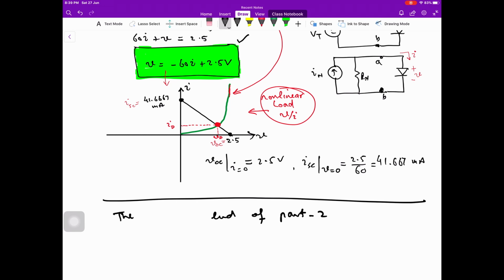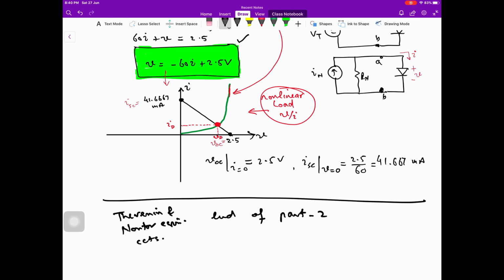So I have discussed Thevenin and Norton equivalent circuits with a few examples.